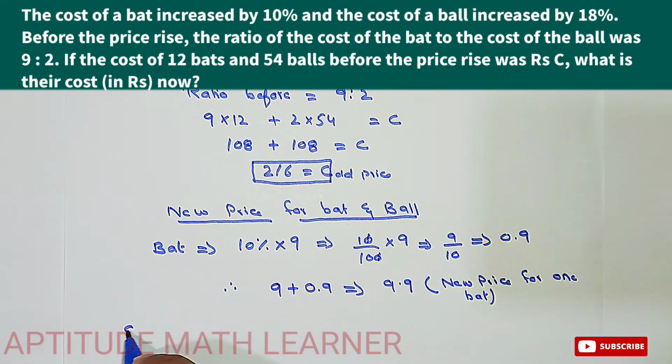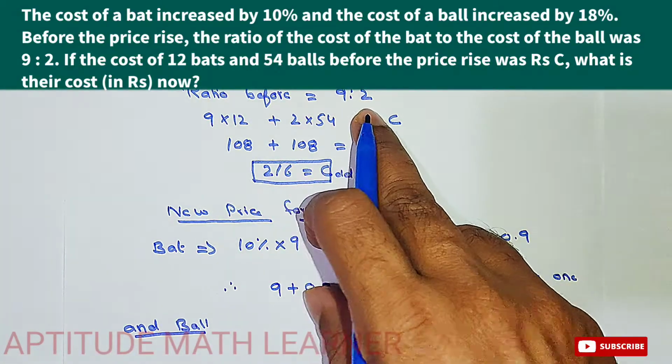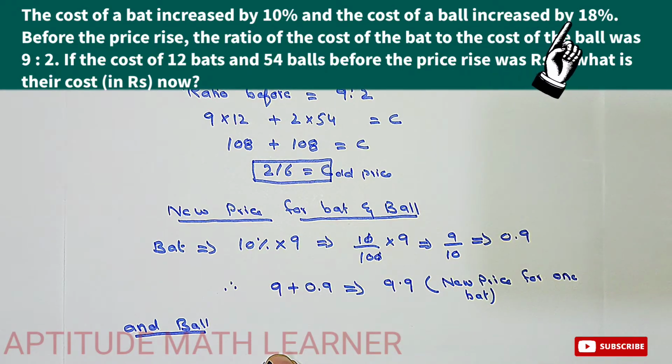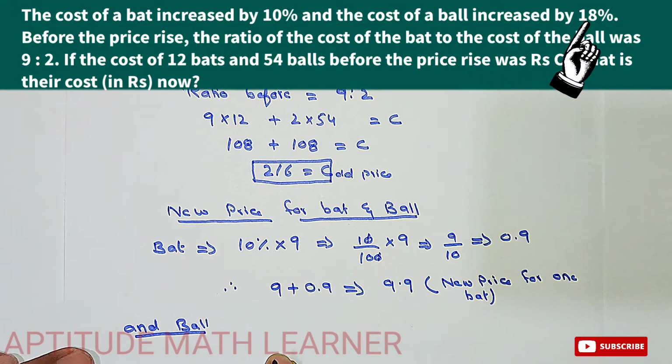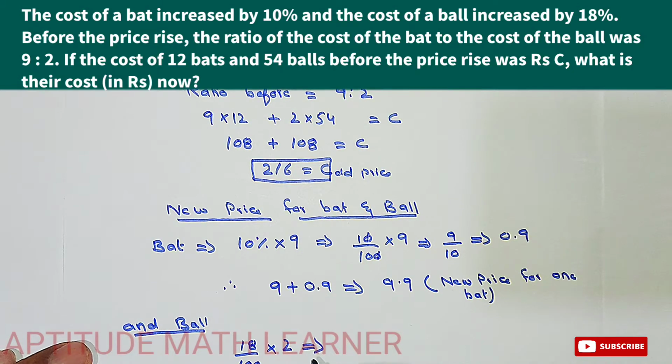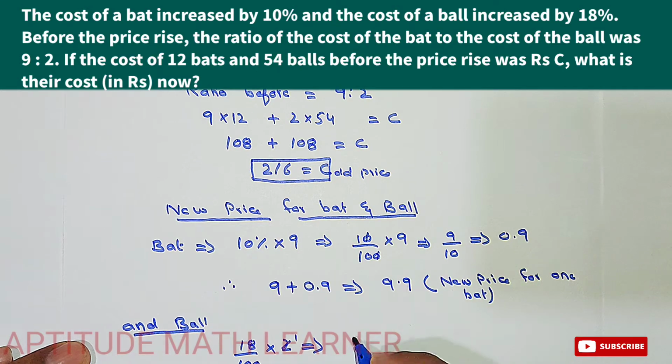And for the ball, in the ratio that is 2, how much percentage is it increased? That is 18%. So this is 18% of the price for one ball, that is 2. So how much does it become? 2 ones are 2 and 2 fifties are 100, so 18 divided by 50.